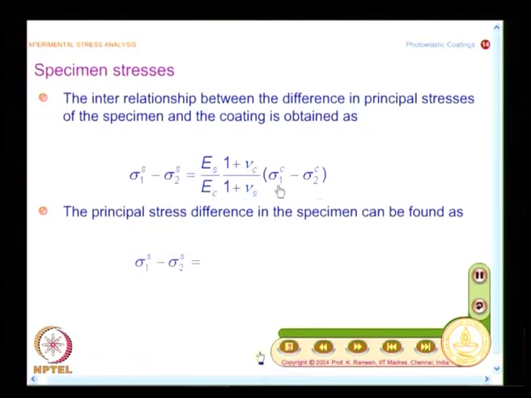The expressions that we have got individually for sigma 1 c and sigma 2 c can be recast in a form which relates the specimen stress difference to the coating stress difference. And now what will we do? We will replace the coating stress difference in terms of the fringe orders.